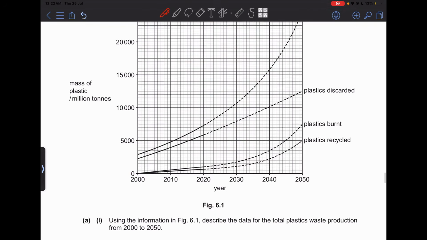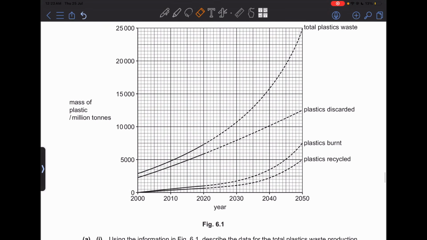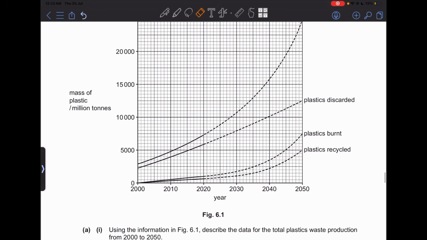So as we can see, from 2000 it was of course the lowest mass of plastic that was produced over here, and then it keeps on increasing. It is increasing steadily, all the time, it's not stopping from 2000 to 2020 over here.